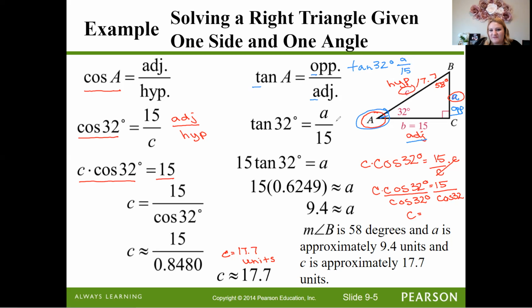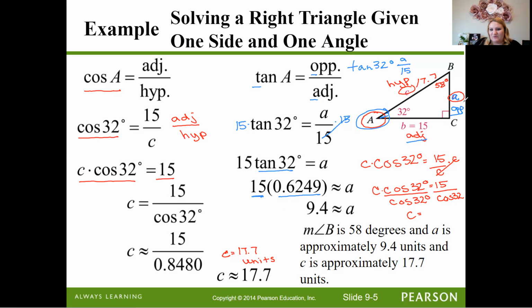So in order to solve for that, we can do the same method that we did on the other side, which is we would multiply by 15 on both sides. And then we have that down here. We have equals A. So we don't have to move anything else. So we're going to do the tangent of 32 degrees, which is 0.6249, and multiply that by 15.